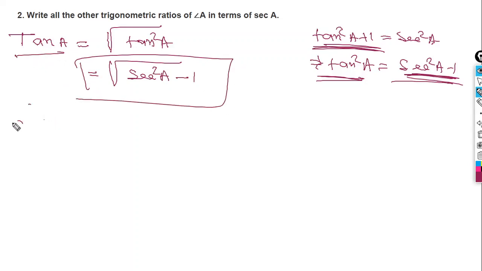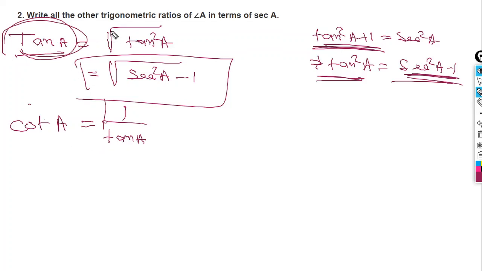Now we will move to cot a. Cot a equals, you can directly write, 1 by tan a. Now we have tan a equals root over of sec square a minus 1, so you can directly put this value, or you can go step by step.